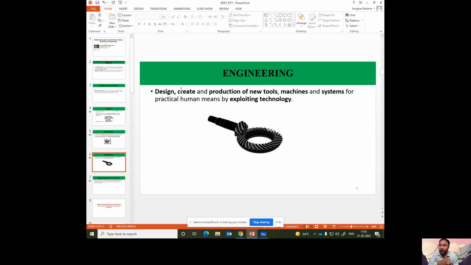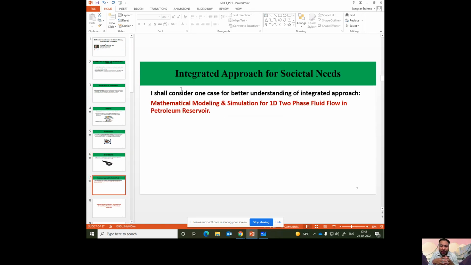So those who are coming newly in the science stream, maybe in technology stream, maybe in the engineering stream, they can classify the science, technology, and engineering. So once we clear the science, technology, and engineering, come up here now. I'm talking about here an integrated approach for societal needs.